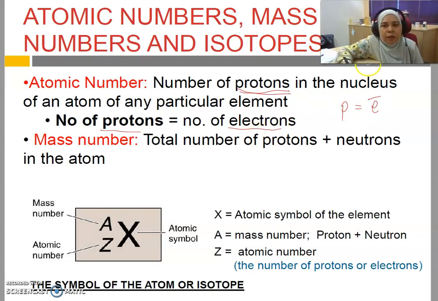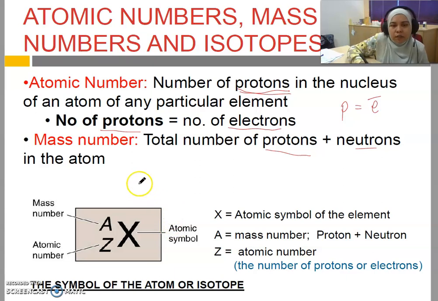So dalam atom, atomic number sama dengan proton, proton sama dengan electron. Meanwhile, the mass number is the total number of proton plus neutron. Mass number ni kita timbang dekat nukleus, sebab dekat nukleus terletaknya proton dan juga neutron.